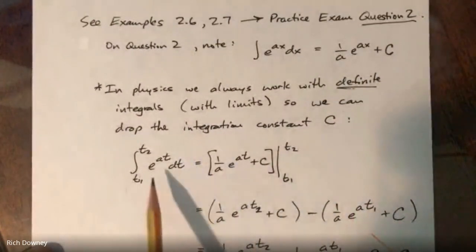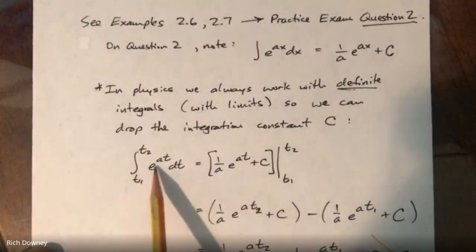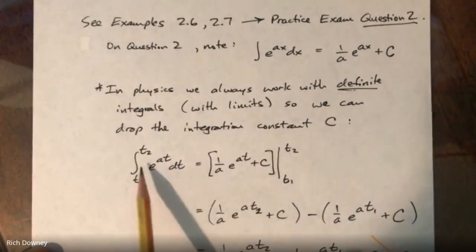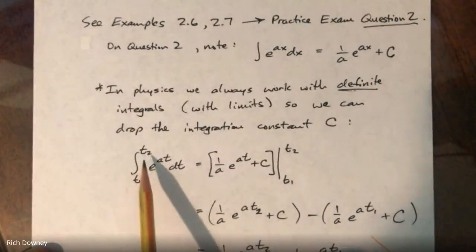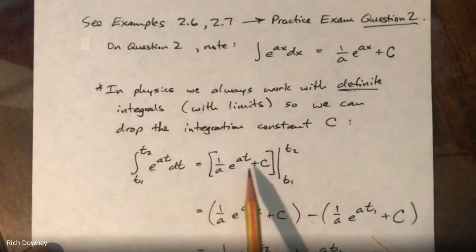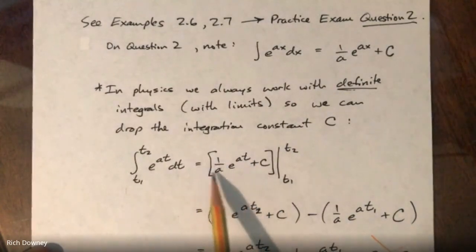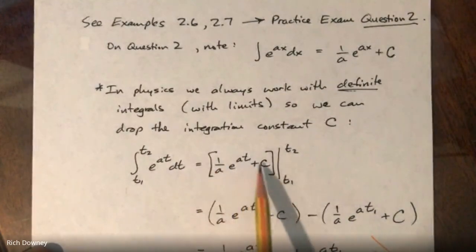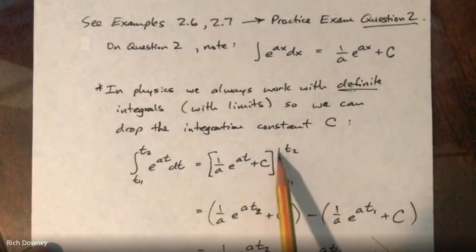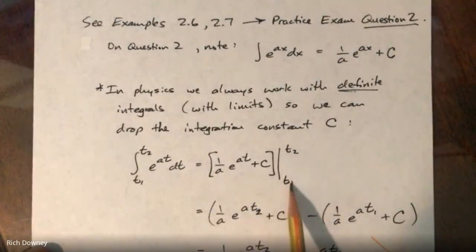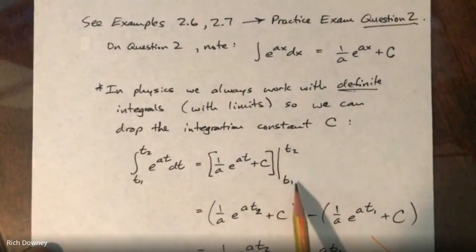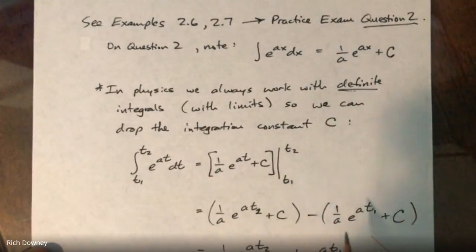And here's why. For example, if I have e to the at dt, and I'm integrating from t1 to t2, my antiderivative is 1 over a e to the at plus a constant, right? And then I'm going to evaluate that at t2 and t1, and I'm going to subtract.